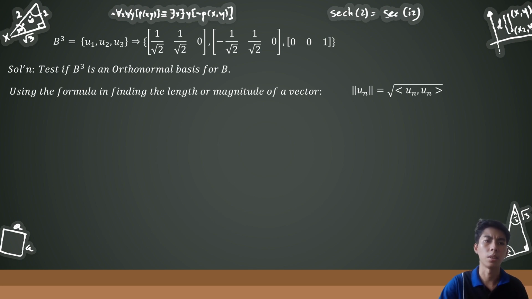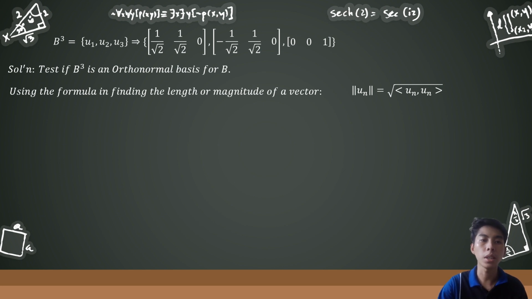So what is the unit vector? Using the formula for finding the length or magnitude of a vector, the unit vector of u sub n is equal to the square root of the inner product of u sub n and u sub n. So we have here first our u sub 1.